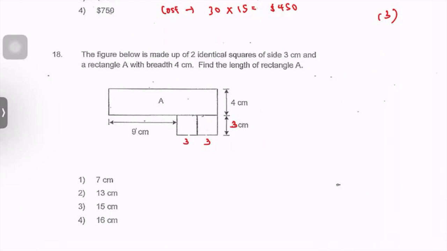So length of rectangle A is this guy over here, which means the question mark is here. So length of rectangle A will just be 9 plus 3 plus 3. So 9 plus 3 plus 3 should give you 15 cm. And hence answer is option 3.